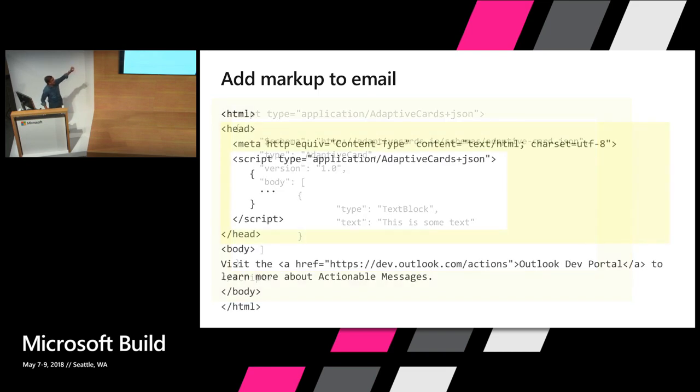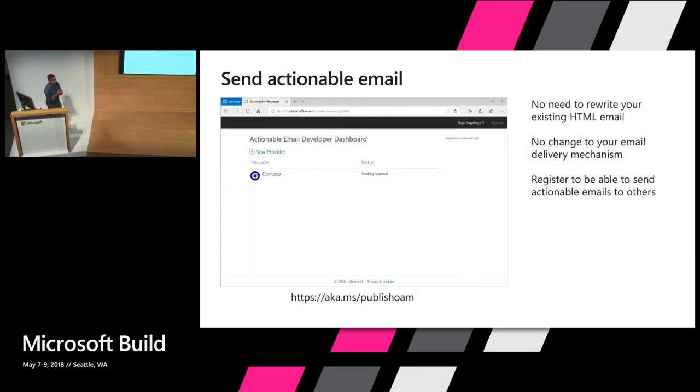And this script tag is added within the head section of my HTML email. So if you notice carefully, if your service already sends HTML emails, you don't have to go and rewrite your HTML. All you do is simply inject this script tag with the adaptive card JSON that you designed. Also, you wouldn't have to redesign your email delivery mechanism. You can continue to use what you already use today.